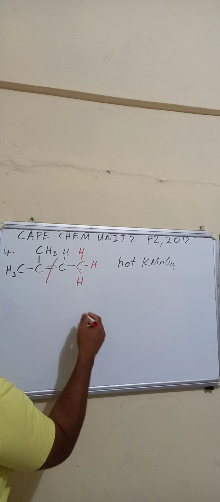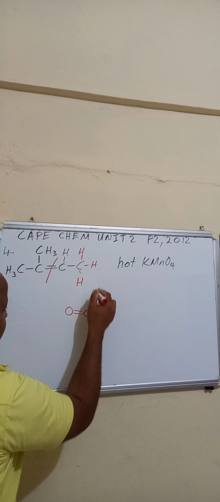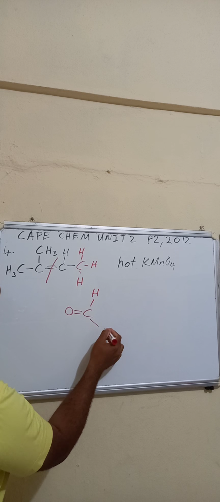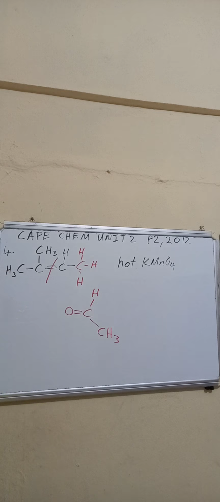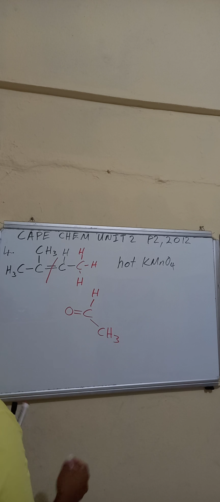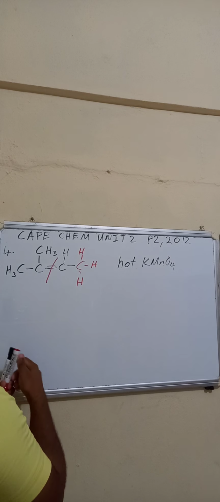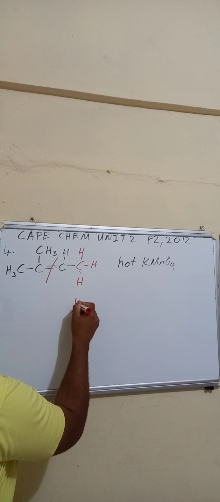You get the carbon, double bond O. It has a hydrogen and it has a CH3 group. Now this would be an aldehyde. So C double bond O, H, C, that's the functional group for the aldehyde. If you get an aldehyde, it will be further oxidized to a carboxylic acid. Let me write it. So C, double bond O.